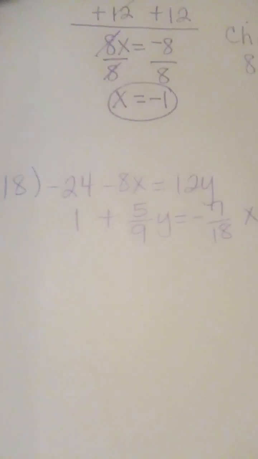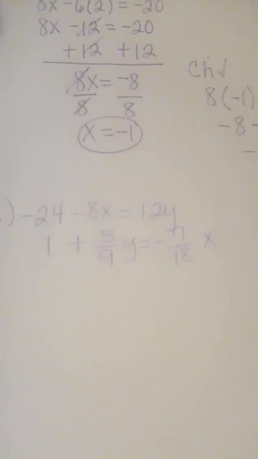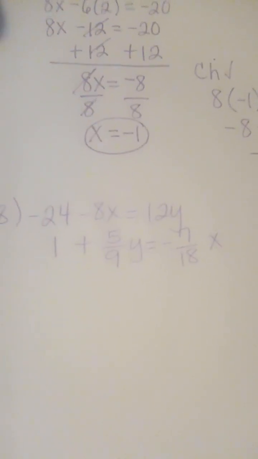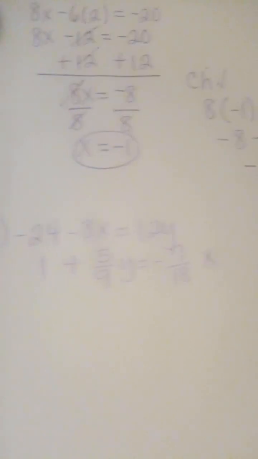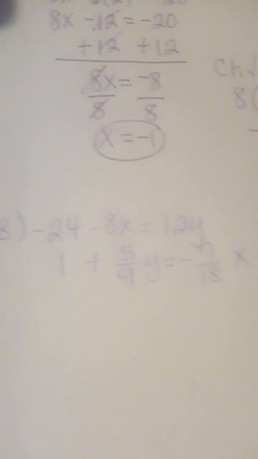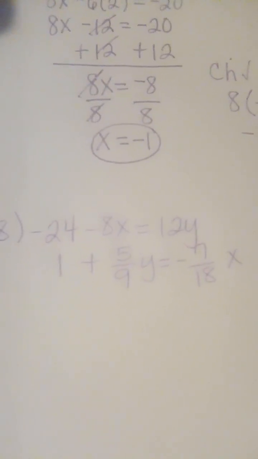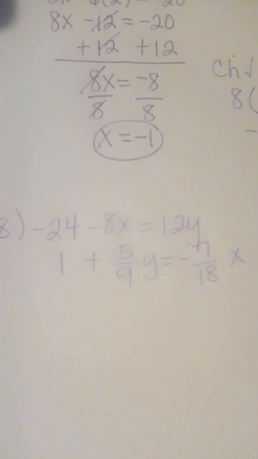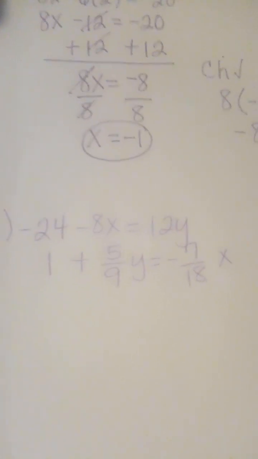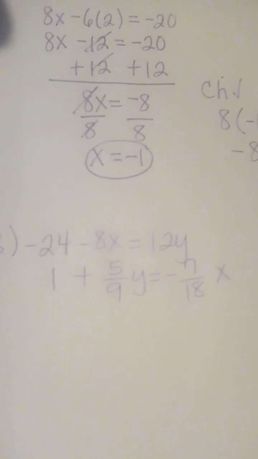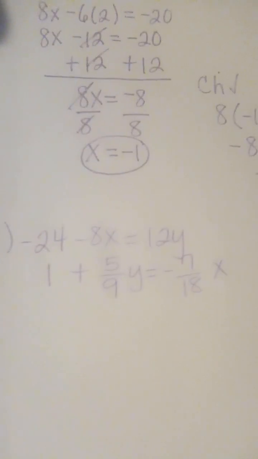I'm going to show you what you could do. Alright. Let's see. Okay. We got negative 24 minus 8x equals 12y. And then the second equation, we got 1 plus 5/9 y equals negative 18th x.